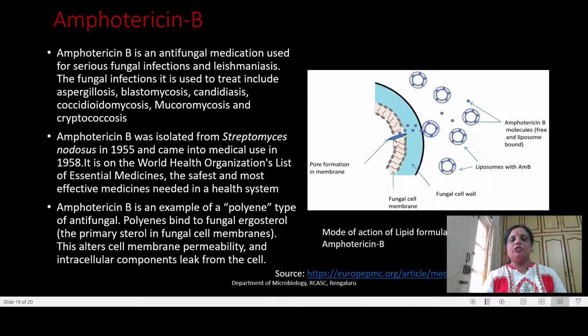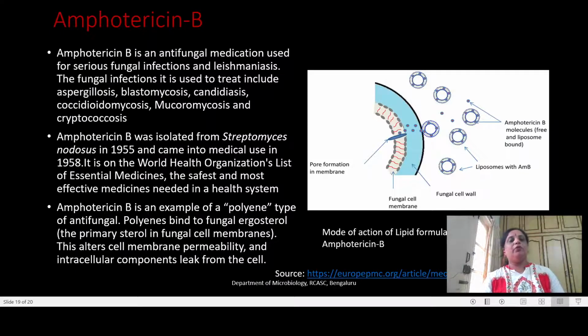They get complexed with this ergosterol, and this ergosterol is removed from the cell membrane, because of which pores are created. Because of the creation of the pores, the protons as well as the essential small molecules are leaked out from the cell membrane, which alters the permeability of the fungal cells because of the leakage of the cell component, which results in the death of this particular fungus. This is the mode of action of amphotericin B.